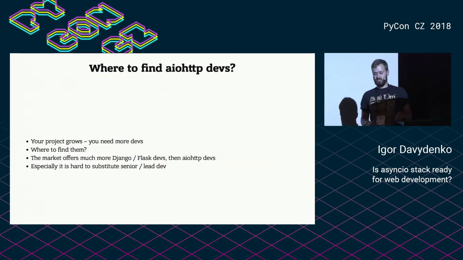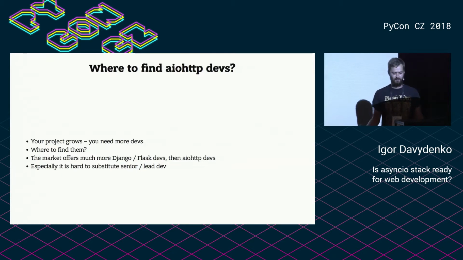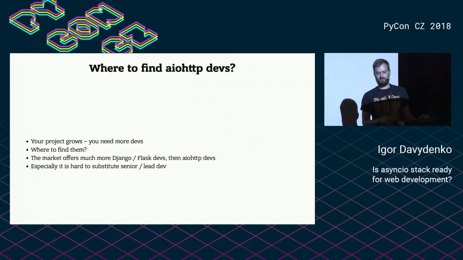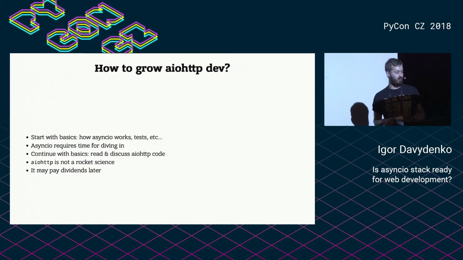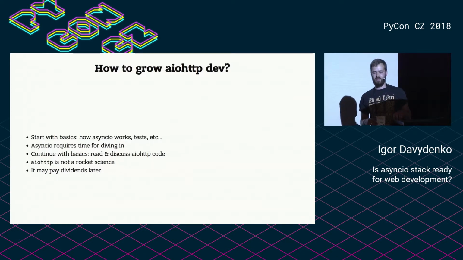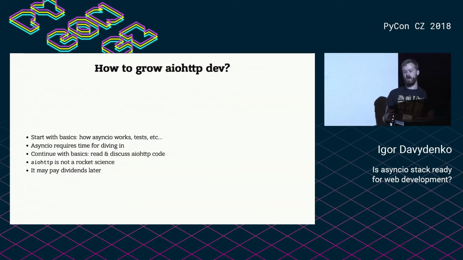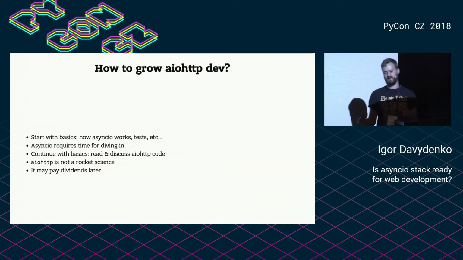But then again, the question is where to find aiohttp devs, and what to do when we need to substitute someone who says, okay, I'm done with this project, I want a new job. The market offers far fewer aiohttp devs than Django or Flask ones, so maybe you need to grow new ones. With aiohttp, you need to grow them with the basics, with an understanding of how the asyncio stack works in detail.